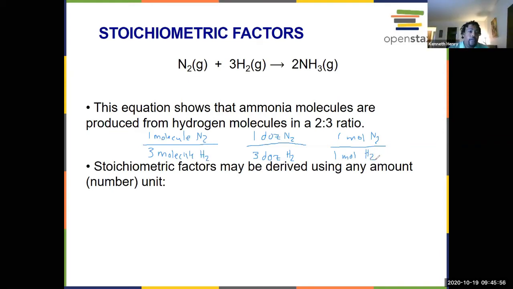Okay, so the moral of the story is, whether I'm talking about 1 molecule or 1 mole of molecules, the ratio is always going to be the same. So if we have a balanced equation, then we can calculate how much we can actually generate based upon that ratio. Piece of cake?